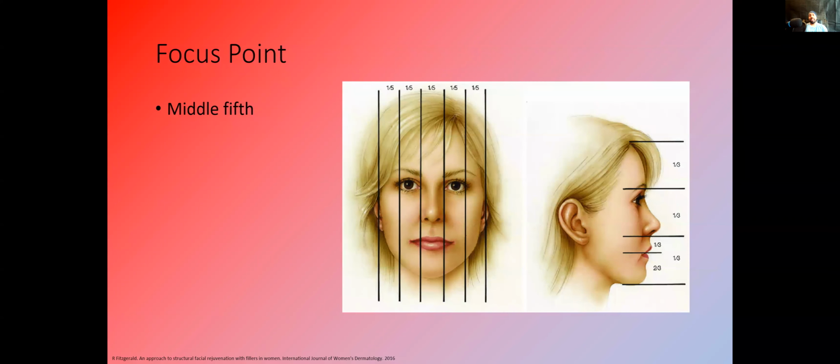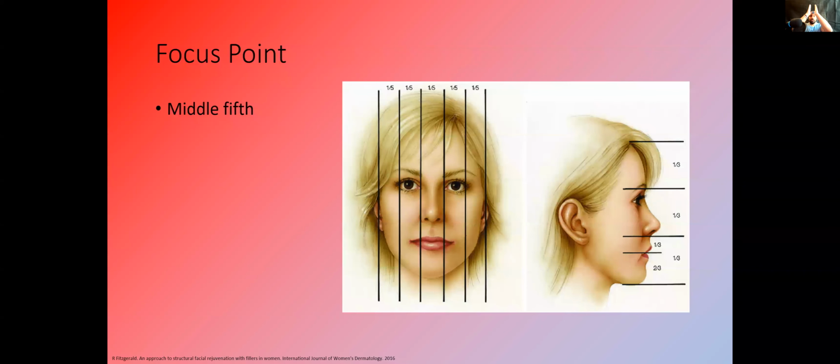So when it comes to the lips, if you look at my face just over here, sorry, you've got your intercanthal distance from your medial canthus from one eye to the other eye. Now, as we age, this does not change. So by the time the female face hits the age of, let's say, around 20, 21, the intercanthal distance will remain the same for the rest of her life. Therefore, it's a very good indicator when assessing the face.